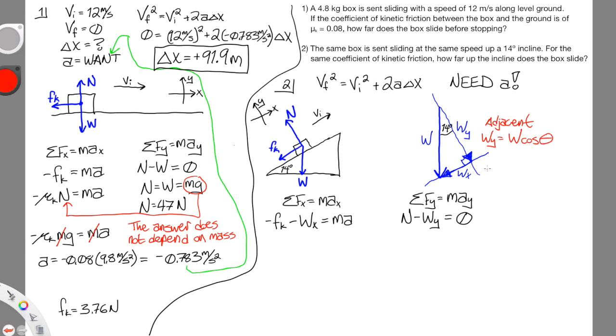And wx is the opposite side to that angle, so wx is the magnitude of the weight times the sine of theta. Since I've given you the angle at the bottom of the incline, you can use the mnemonic I talked about in class. Sine makes it slide. So sine goes with the x component of the weight. But do be careful, because one of these days I might give you this angle phi up here, and things would be different. So this angle at the bottom is theta. That's the one we're using.